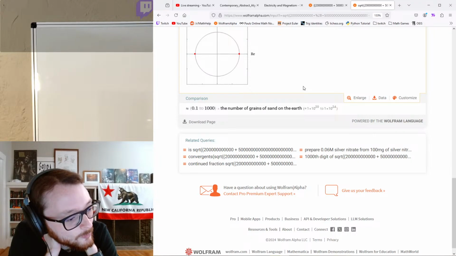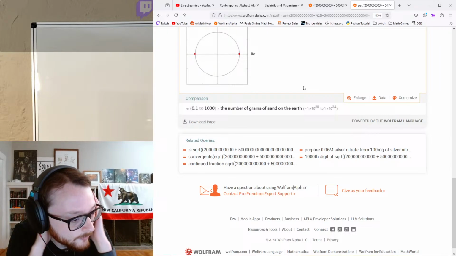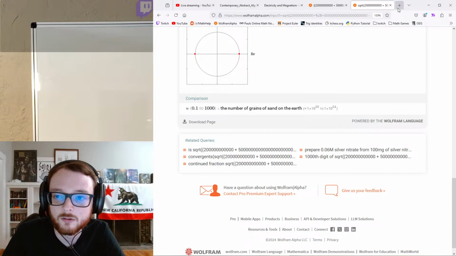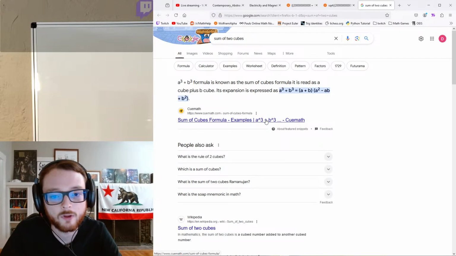Factorize sine cubed of theta plus cosine cubed of theta. Hence, prove sine cubed plus cosine cubed over sine plus cosine plus sine plus cosine equals 1. Well, what's this? I assume we need this formula here.